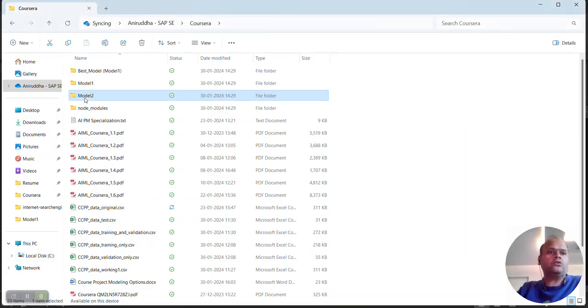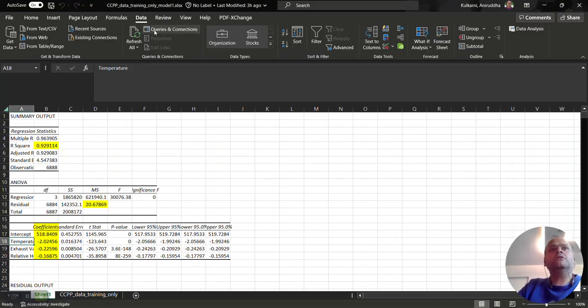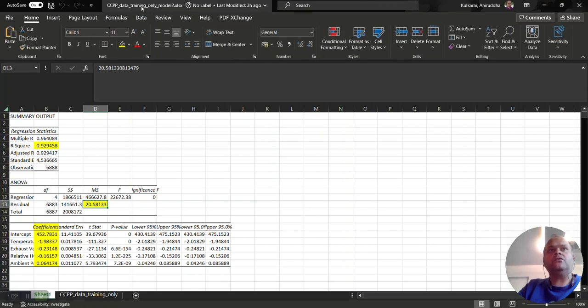We now look at model 2, and if I open the similar Excel, this is the training only data set for model 2.